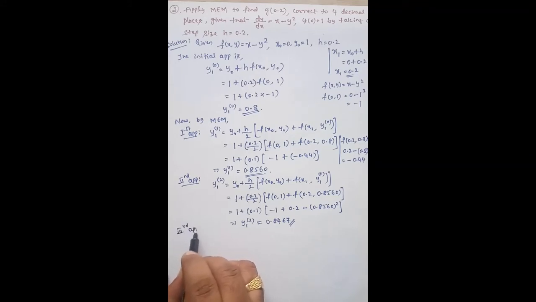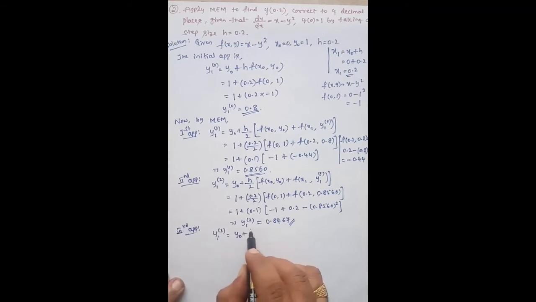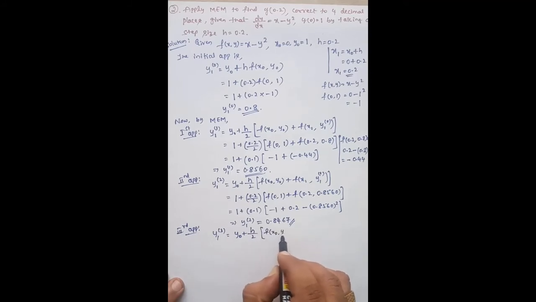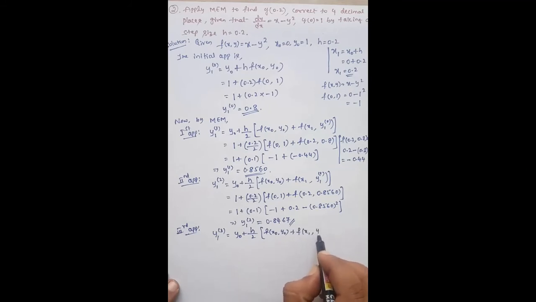Third approximation now, y1 power 3 equals, the formula is y naught plus h by 2 into f of x naught comma y naught plus f of x1 comma y1 power 2, the second approximation.